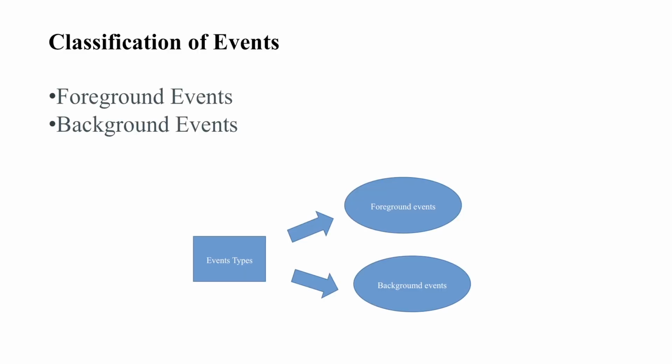Now there are two types of events. One is called foreground, the other is called background.